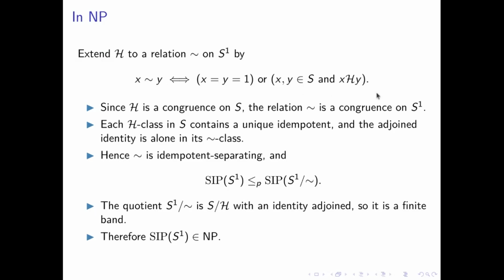Since H was already a congruence on S, this relation is also a congruence on S^1. And each H class in S contains a unique idempotent. The adjoined identity is alone, because it's its own separate tilde class. So it's a congruence as well, and it's idempotent separating.